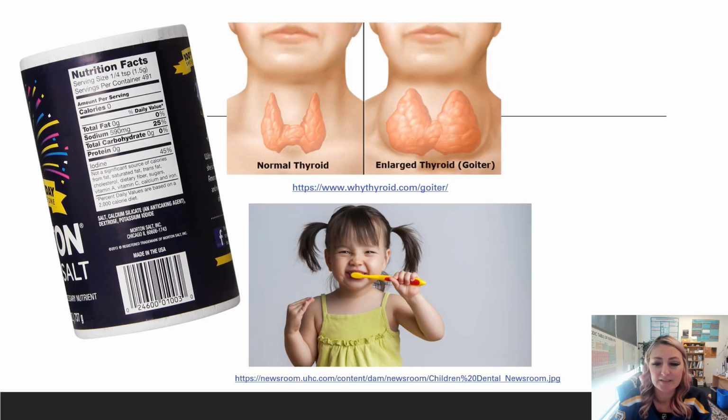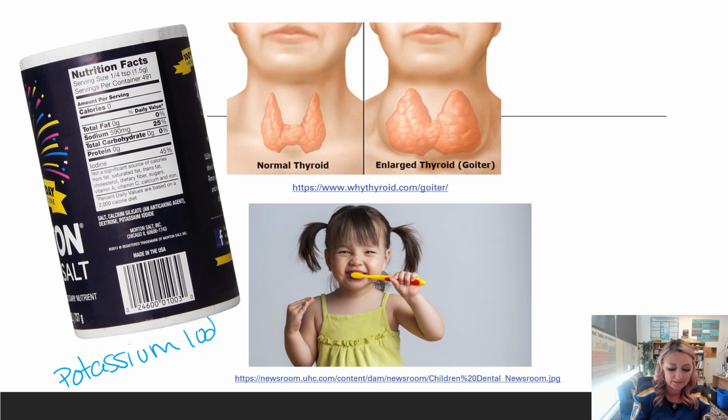So these are a couple examples of ionic compounds that you would find in your home and in your everyday life. And the first one is potassium iodide, or KI. Potassium iodide is an ingredient in table salt. It is actually added to table salt because table salt is just sodium chloride.